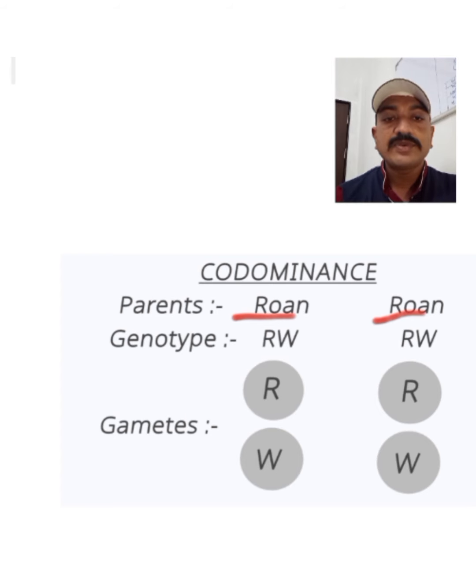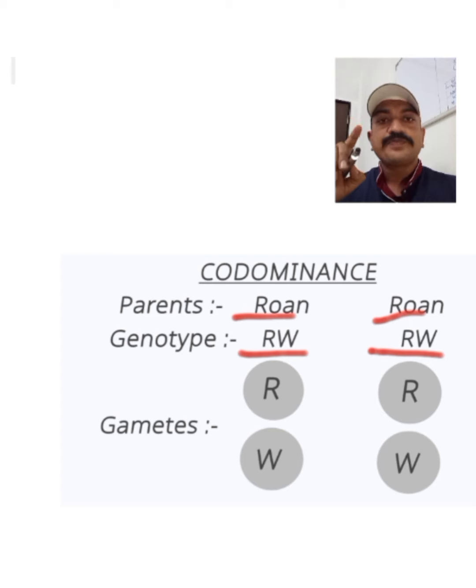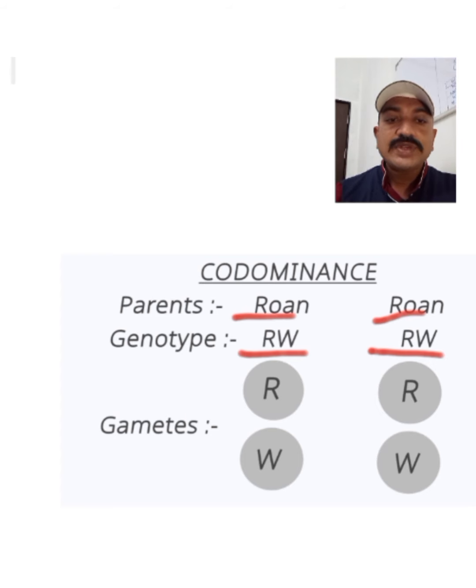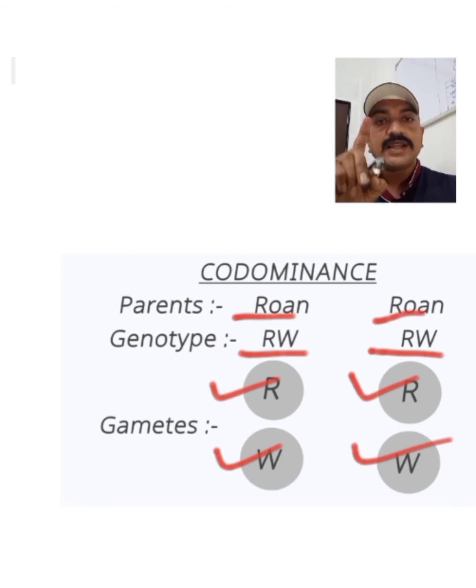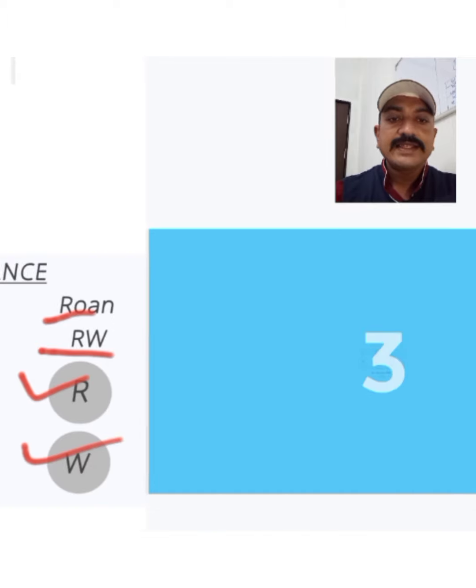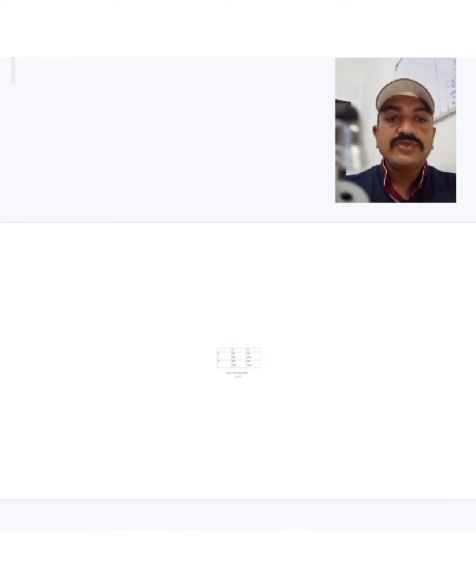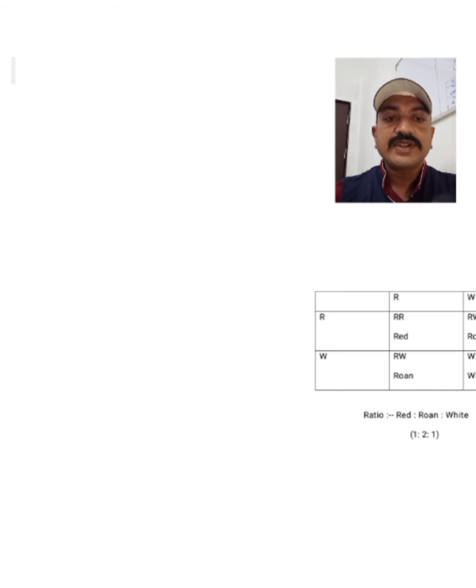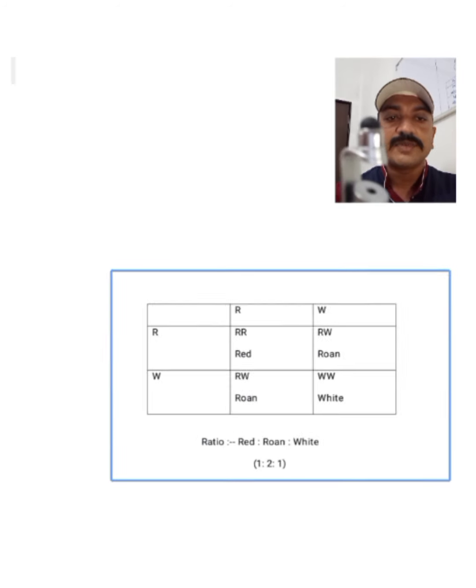The genotype of roan is capital R capital W, and they produce two types of gametes, capital R and capital W. The other roan also produces capital R and capital W. And in the F2 generation, different combinations are formed.